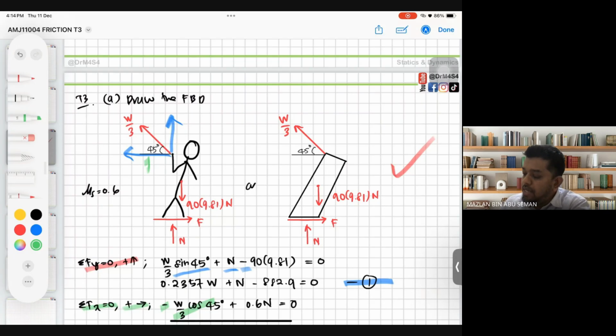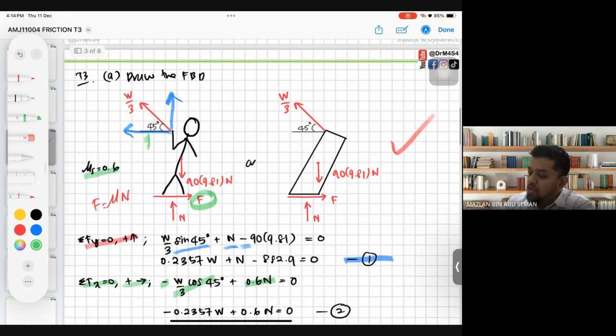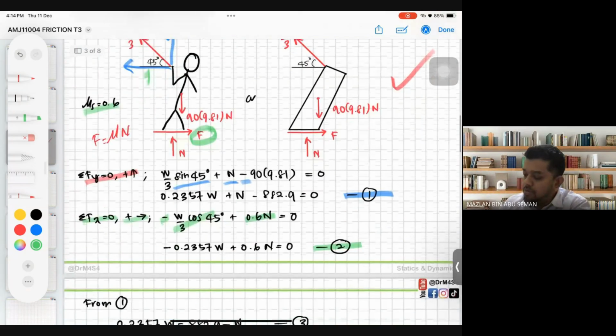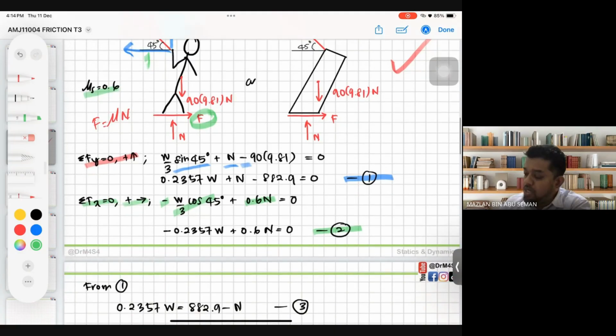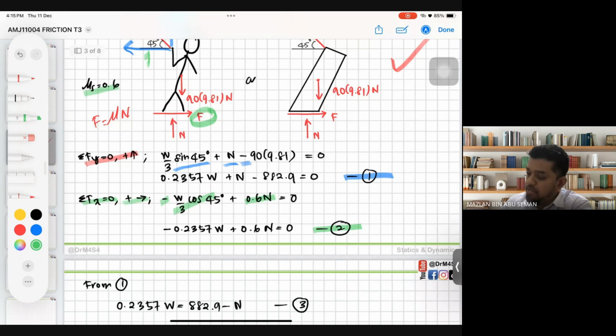Then plus the friction force, which is F equals mu N. As you can see here, mu S is 0.6 times the normal force N. So expanding that, we have the second equation. Then from equation 1, you arrange that, and we have the third equation.